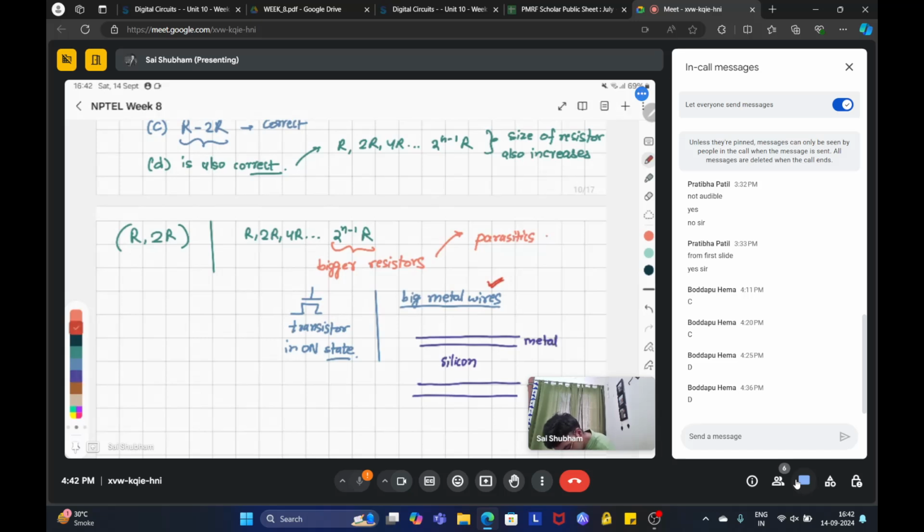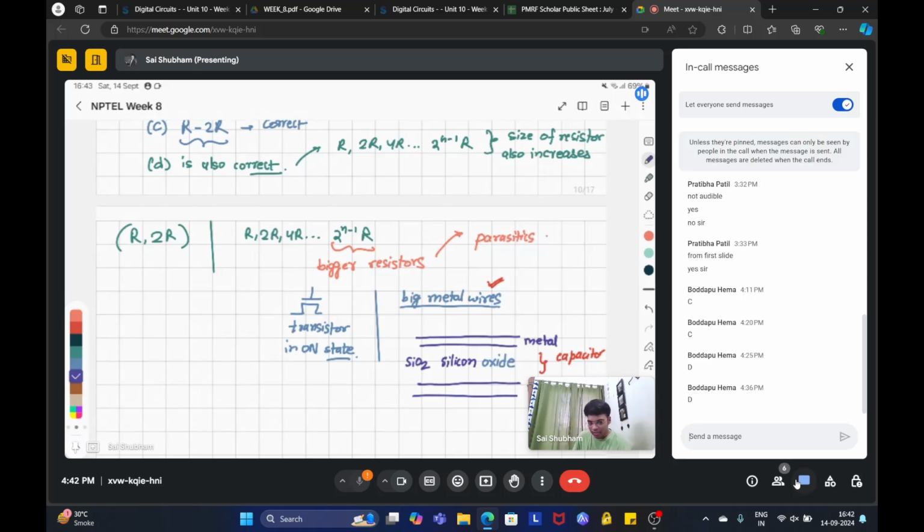So this behaves as a capacitor. You have two metal lines very close to each other, and then you have silicon oxide which acts as a dielectric, right? So it behaves as a metal oxide metal capacitor.